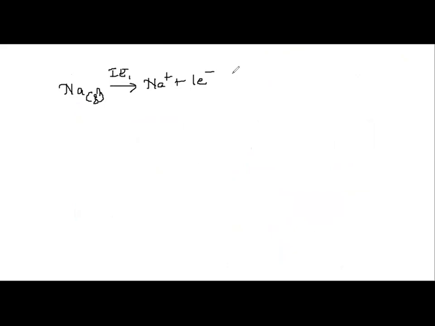They have said the first ionization energy of Na is 5.1 electron volt, and they have asked what is the electron gain enthalpy of Na plus. What is the electron gain enthalpy when it gains one electron to become Na?